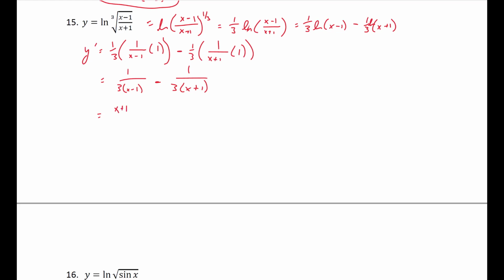So we have x plus 1 minus x minus 1 all over 3 times x minus 1 x plus 1. And so y prime then, cleaning that up, we end up with 2 over 3 times x plus 1 x minus 1. And we're done.